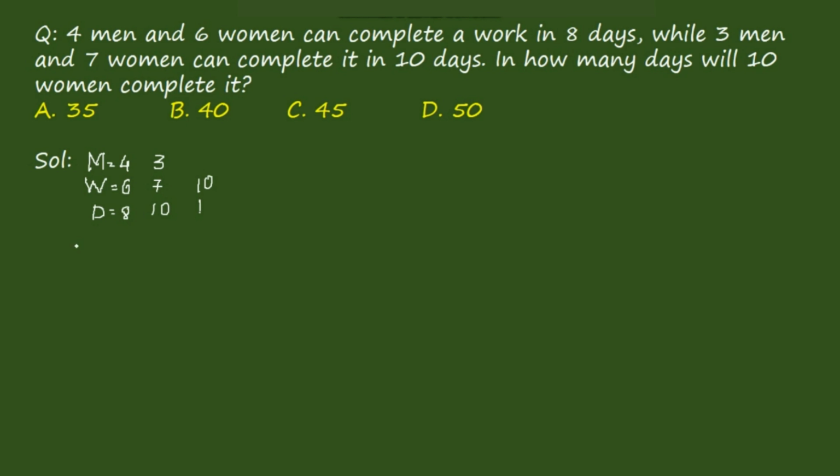When you consider 1 day work, 4 men and 6 women can complete the work in 8 days, then 1 day work is equal to 1 by 8. 3 men and 7 women can complete the work in 10 days, then 1 day work is equal to 1 by 10. Here we don't know, so it becomes 1 by question mark.